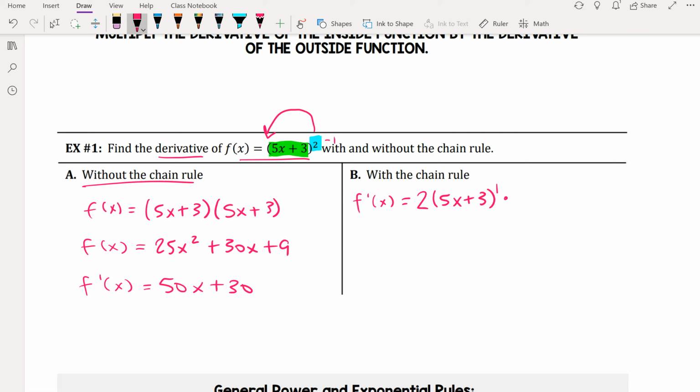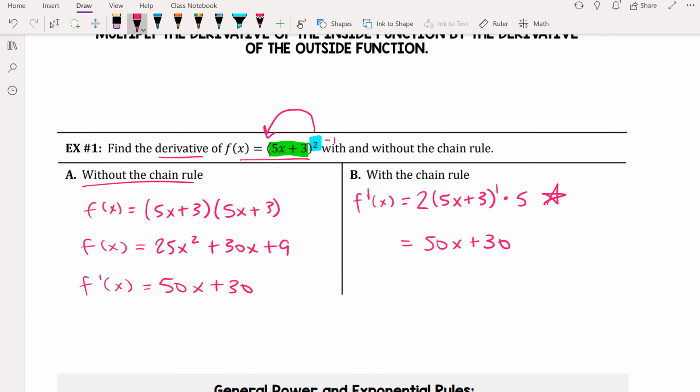So it's a derivative of the outside, leave the inside the same, times the derivative of the inside, times 5. And you actually get to the same thing, 50x plus 30. So this is way faster, and we're actually allowed to leave our answer most times in this form. We don't have to simplify any further.